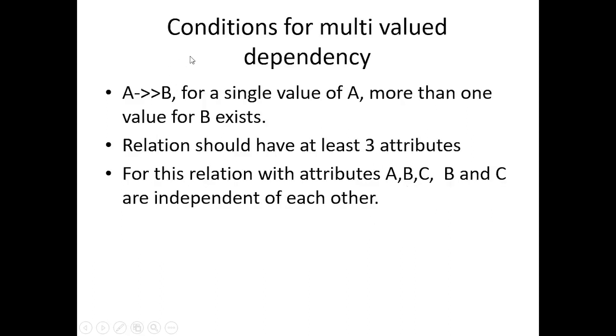And we can summarize these as the conditions for multi-value dependency. A multi-determines B: for a single value of A, more than one value for B exists. A relation should have at least three attributes, and for a relation with attributes A, B, C, B and C are independent of each other.